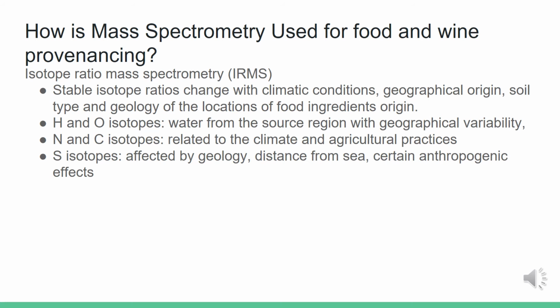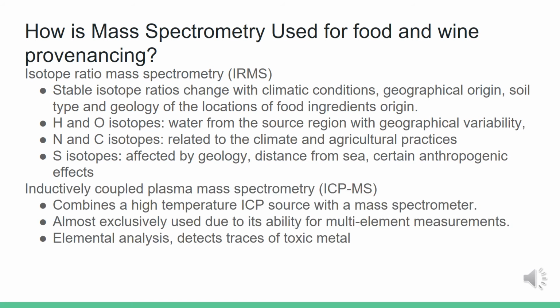As a primary indication, hydrogen and oxygen isotopic data for organic matter in food are linked to the hydrogen and oxygen isotope data of water from the source region, which have geographical variability. Nitrogen and carbon isotopes are related to the climatic changes and the agricultural practices, and sulfur isotopes are affected by geology, distance from the sea, and certain anthropogenic effects.